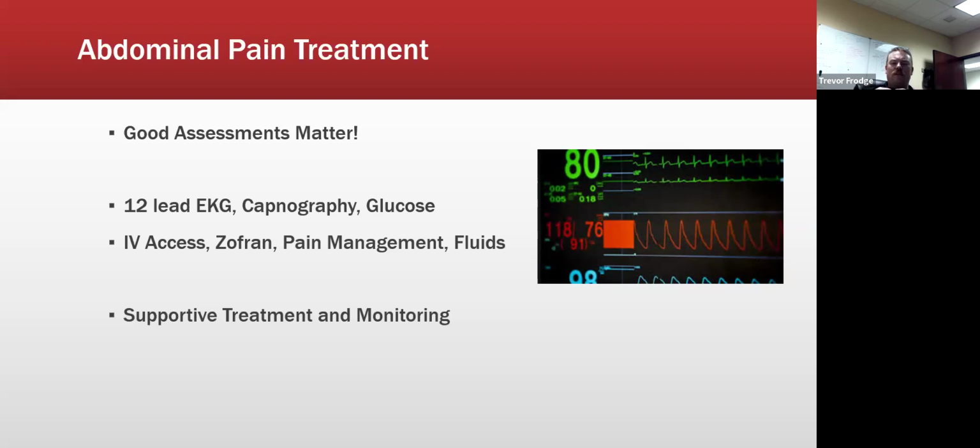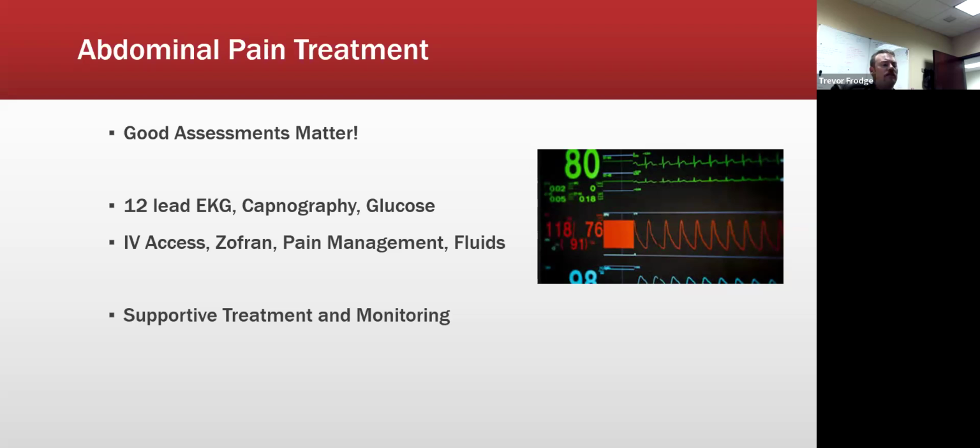A lot of paramedics were taught and have been taught to withhold pain management from these patients. Well, I would ask, if someone broke their arm, would you withhold pain management? Of course not. Well, even though they don't have a broken bone, they still hurt, and pain is pain. So why would we not give them pain meds?